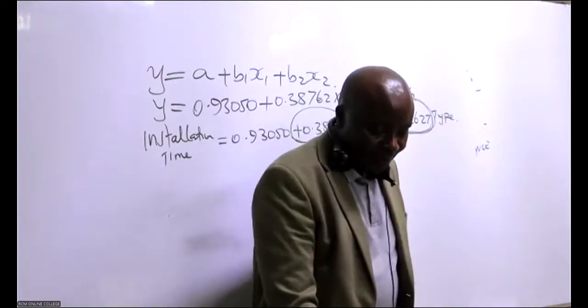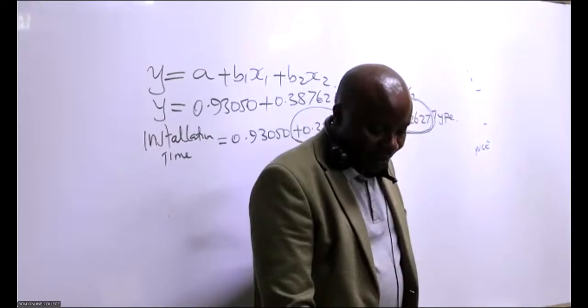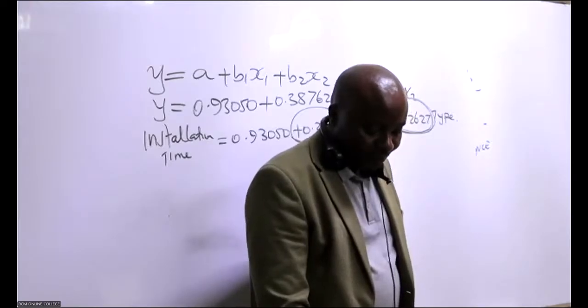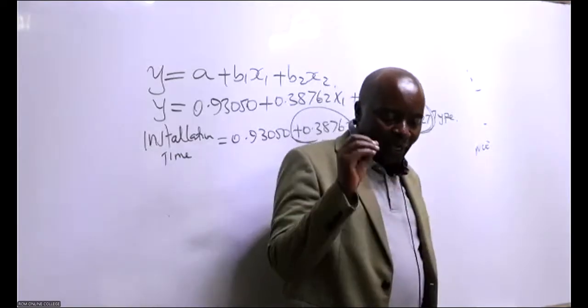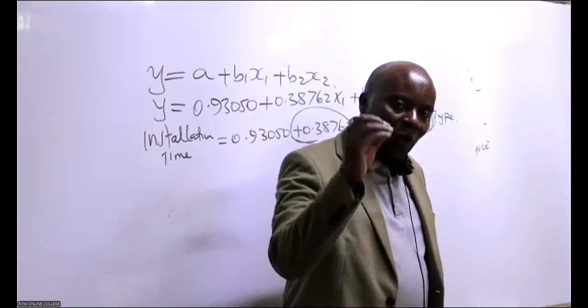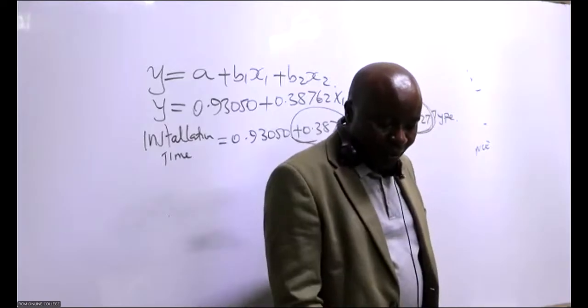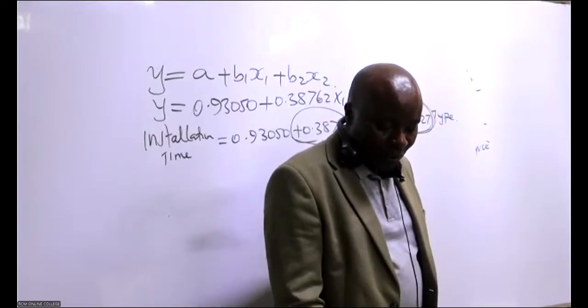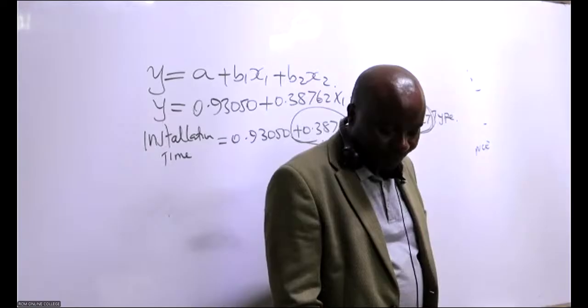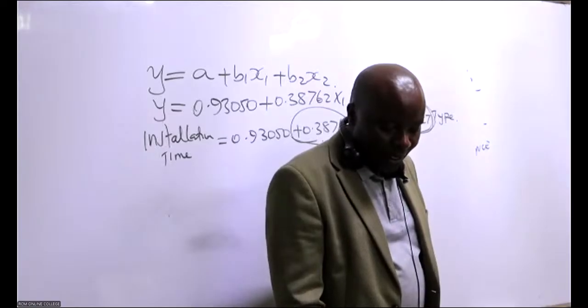All right. Now, ladies and gentlemen, here we are. So we have been able to get XA to XE. We've been able to write down the regression equation. Now what do they want us to do next there?